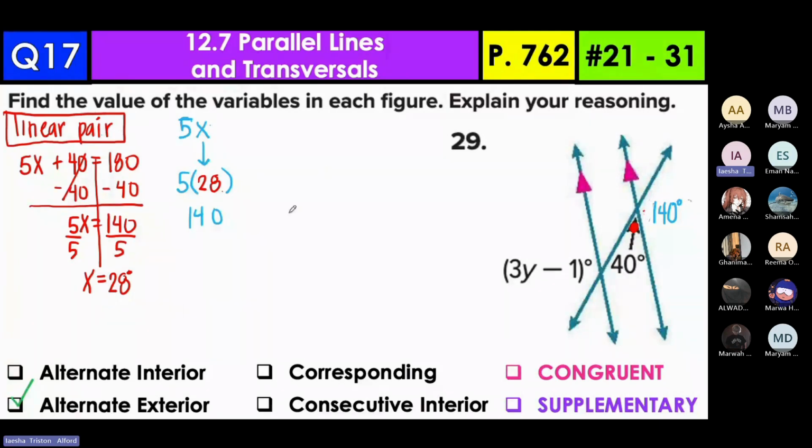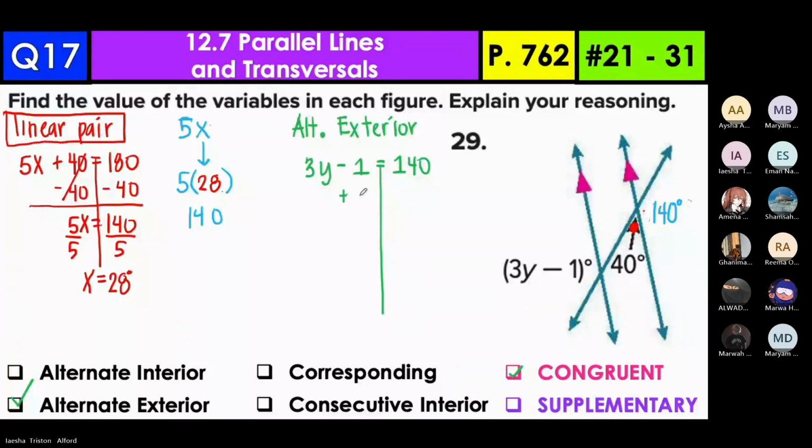So the name is alternate exterior. Alternate exterior is congruent or supplementary? Congruent. So what equation should you have? 3y subtract 1 equals 140.